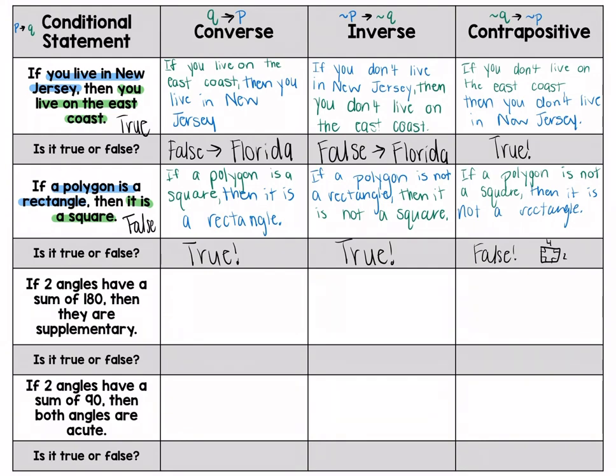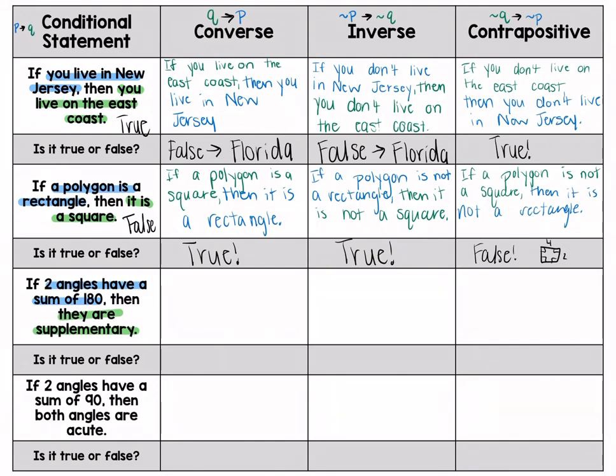Okay, if two angles have a sum of 180 degrees, then they are supplementary. So the hypothesis P is two angles have a sum of 180, Q, they are supplementary.